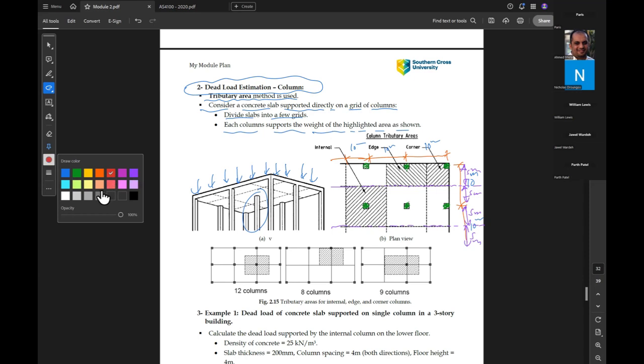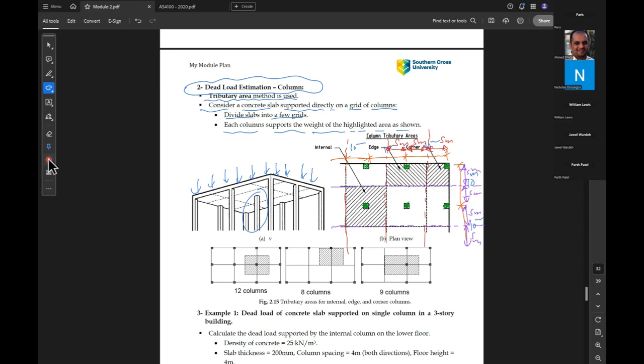In the other direction, it is also 10 meters, and each column will divide the area between them. Because this one is on the edge, it will take 5 meters, this one will take the other 5 meters, this one 5 meters, and so on.